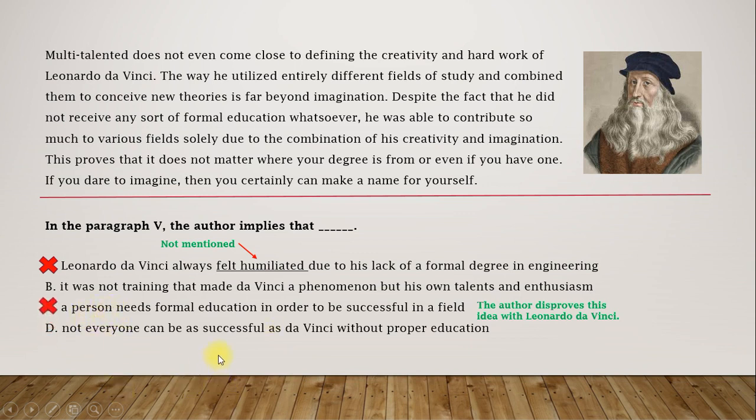Not everyone can be as successful as Da Vinci without proper education. And again, the author disproves this either. We can't conclude that using the information given. So D can't be the correct answer.